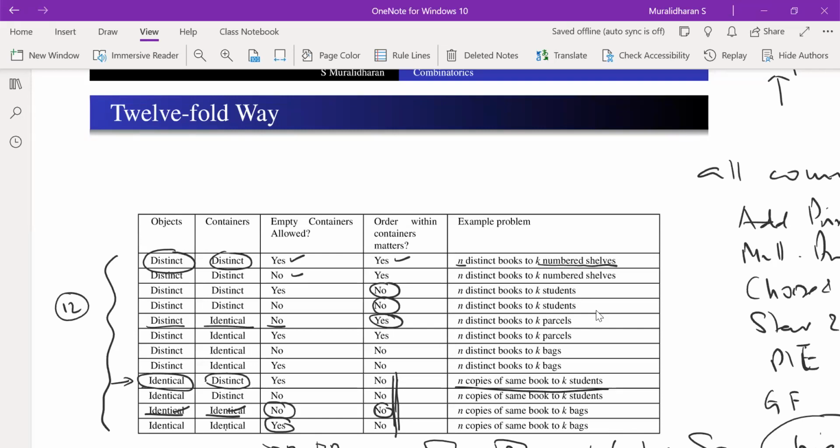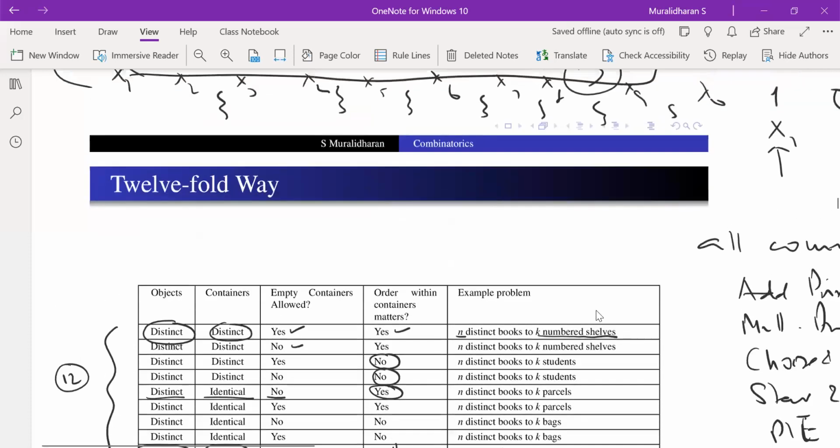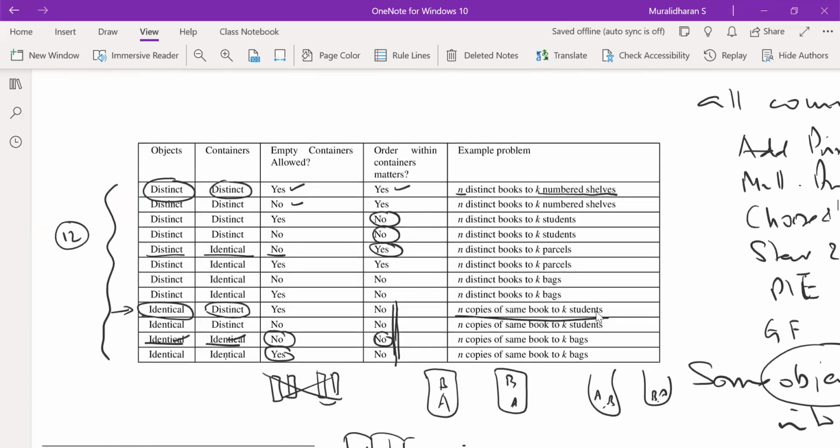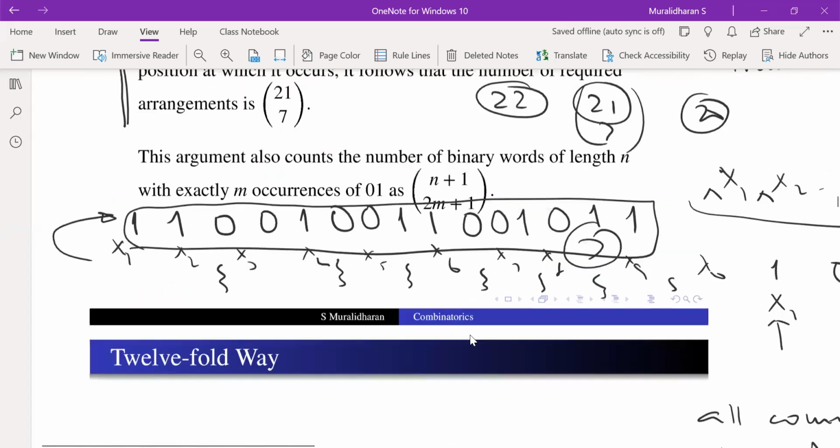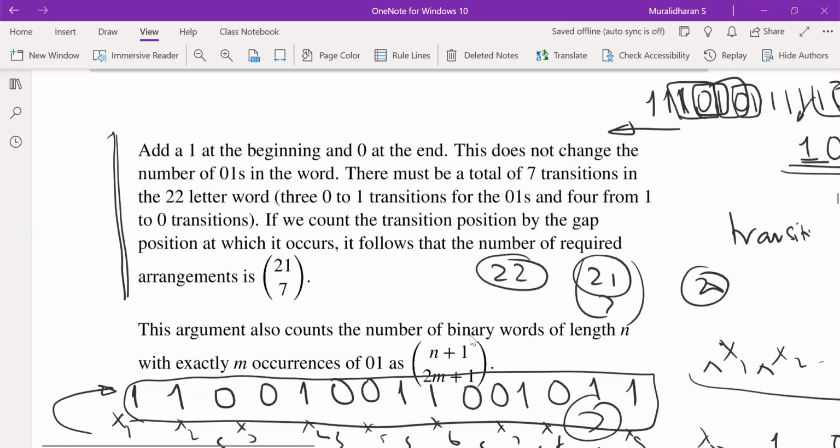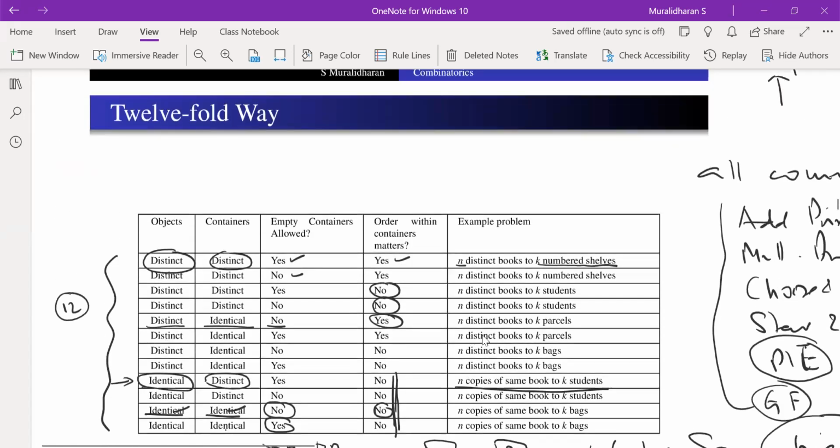Since we will know all the techniques, we can choose the correct one: when to use PIE, when to use generating functions, when to use stars and bars. We will know once I discuss all these 12 cases. So let's stop here and continue in the next class.